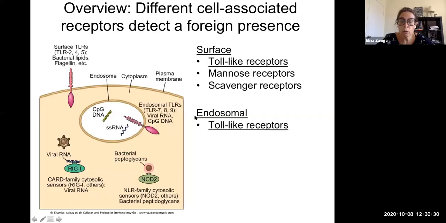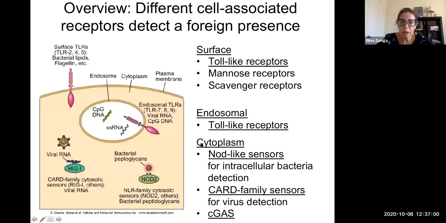We also have membrane-associated receptors that are associated with the endosomal membrane, where the pathogen binding domain will be towards the internal endosome. We will focus on some of the toll-like receptors that are associated with the endosomal membrane as well.